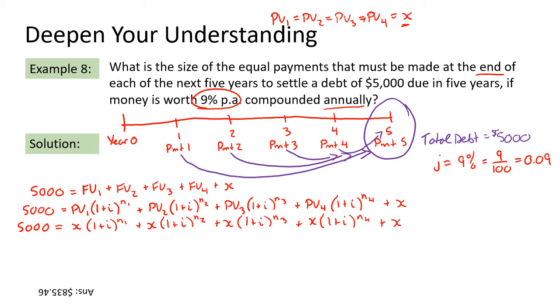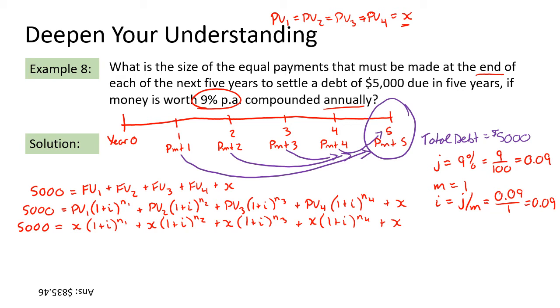The number of compounding periods is annually, so m is just 1. So your periodic interest rate, i, is j divided by m, which is 0.09 divided by 1, which is just equal to 0.09. So those terms will not change for any of them. Again, the only thing that changes is going to be your total number of compounding periods, n, for each one.